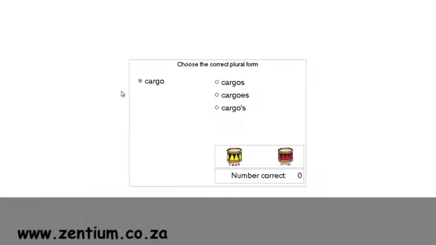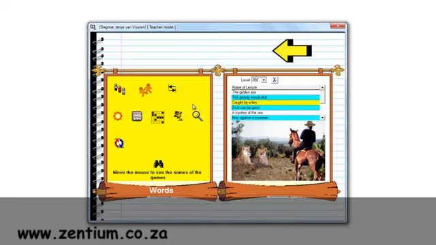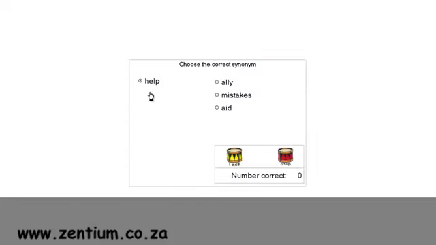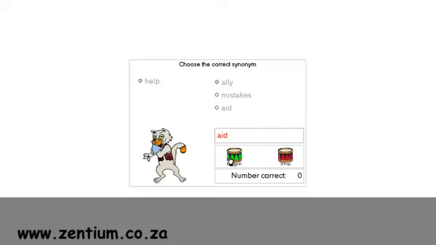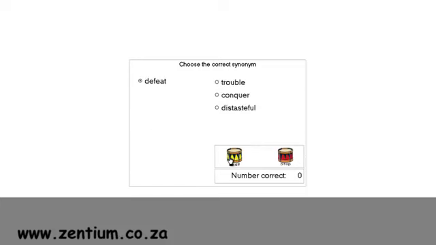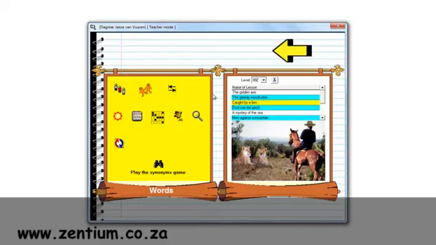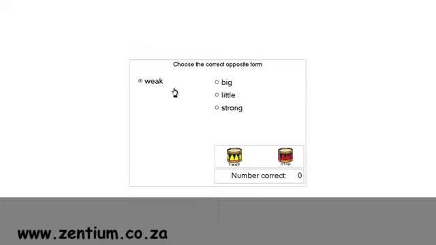For example, plurals, synonyms, opposites, and even gender.